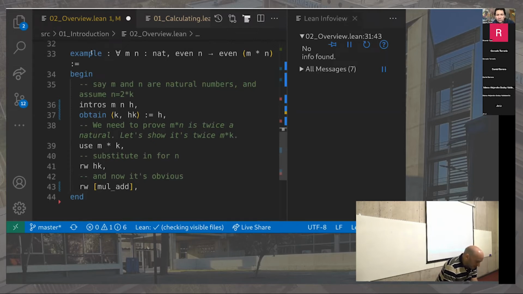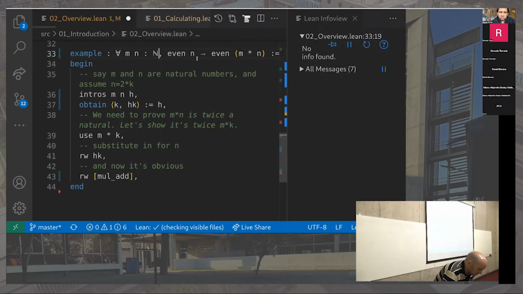So we take the same example: for all m and n natural numbers, even n implies even m times n. Okay, so this essentially means that if you have an even number, you multiply by any other number, the result is even. So let's have a look at what Lean really does.